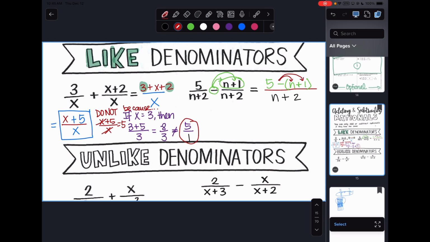Okay, so that would be 5 minus n minus 1 over n plus 2. Combine like terms again. 5 and negative 1 makes, careful, 4 or negative 4? Oh, that was me. My bad. Thank you. Negative n plus 4.